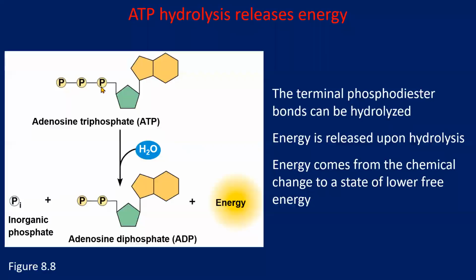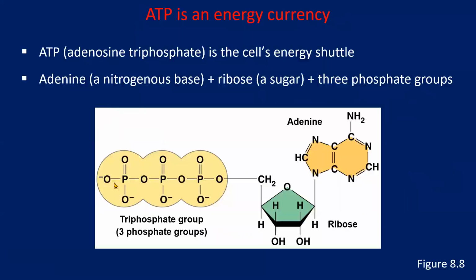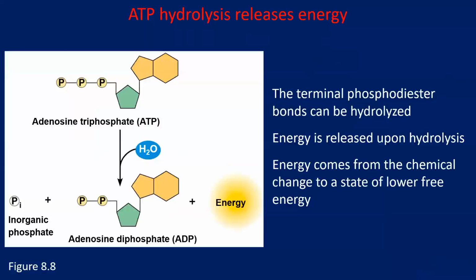So you have the triphosphate group over here, and if you look, this triphosphate group is extremely unstable because it has negative charges, and due to that it can release the energy.